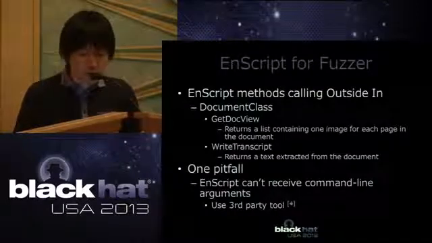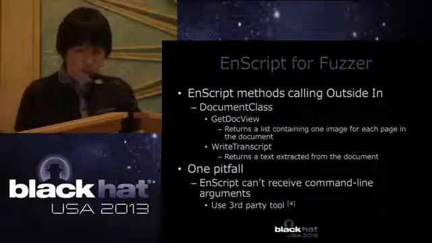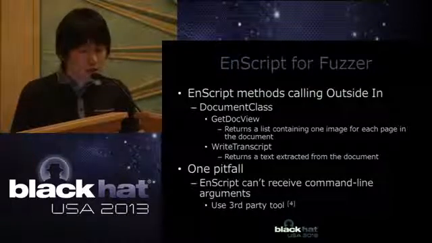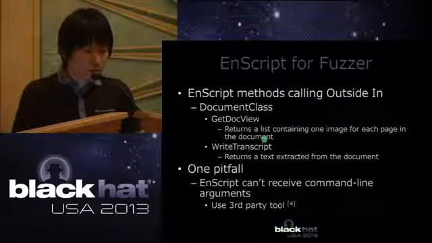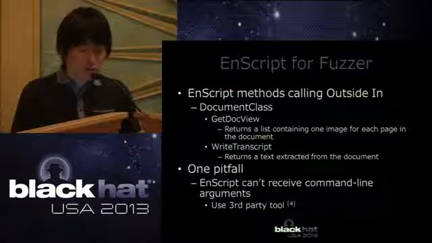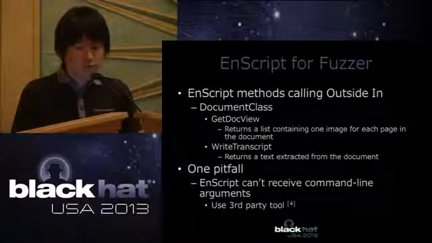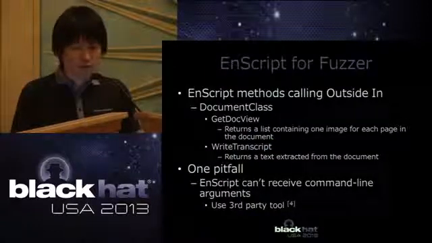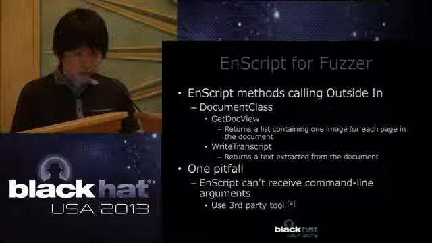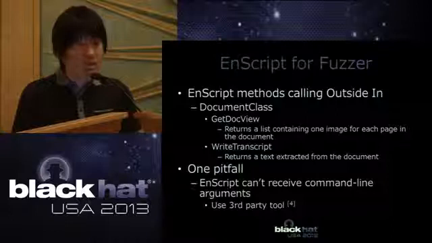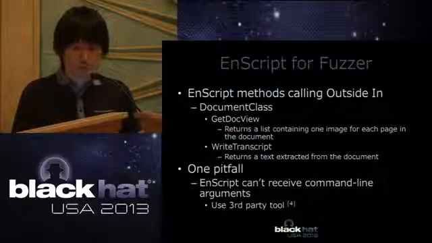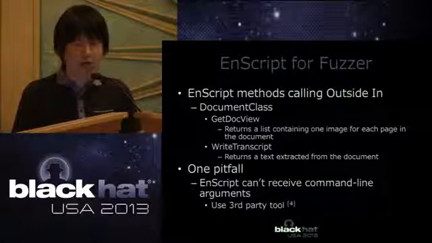We have two methods to call Outside In functions using the EnScript: GetDocView and WriteTranscript in the Document class. I wrote an EnScript to call both of the methods. And for your information, usually an EnScript cannot receive command line arguments from EnCase, so I used a third-party tool to pass arguments to the script.